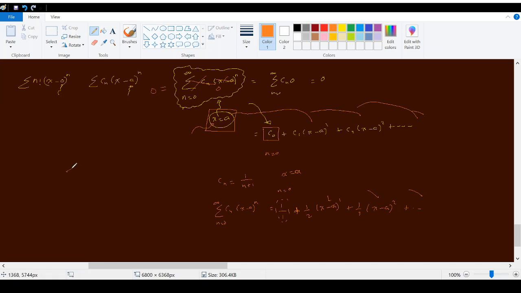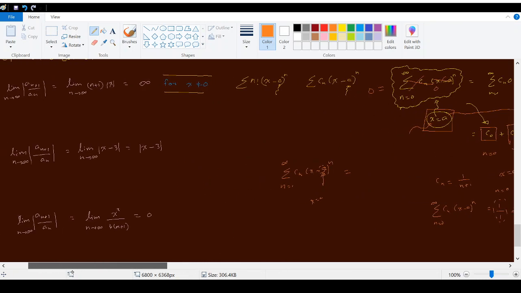But of course, if the series starts at 1 and we have the same thing, then you have the series starting from this term. Then if you substitute x equals a, you will get 0, right? So you have to be careful when you plug in this center number. This problem only arises when you plug in this center number.